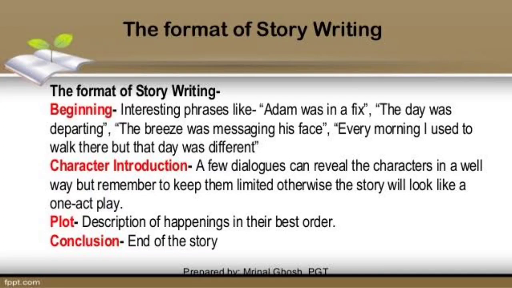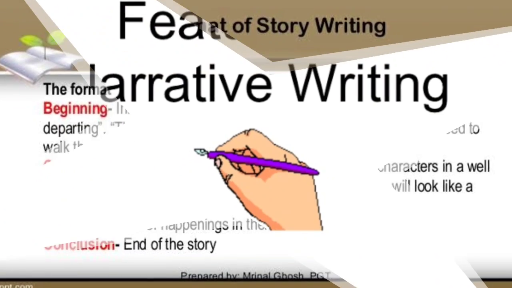Plot here means the description of the happenings in their best order. So what all happened can be explained in a descriptive way in the plot. Then the fourth one is the conclusion, that is the end of the story. So this is the format of story writing, children.